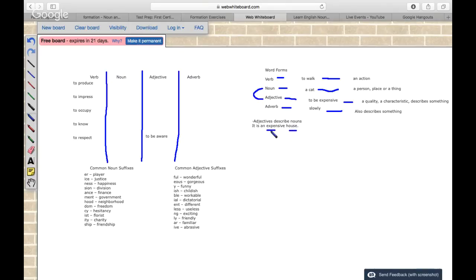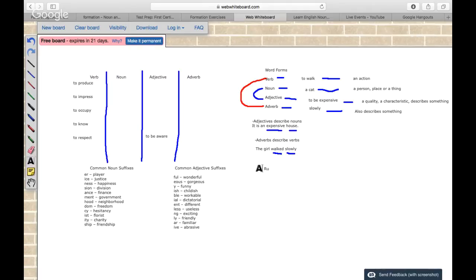Remember, in English, the adjective goes before the noun. Okay, something else that is important to know is that adverbs describe verbs. So you could say the girl walked slowly. Here we have the verb, and here we have the adverb.